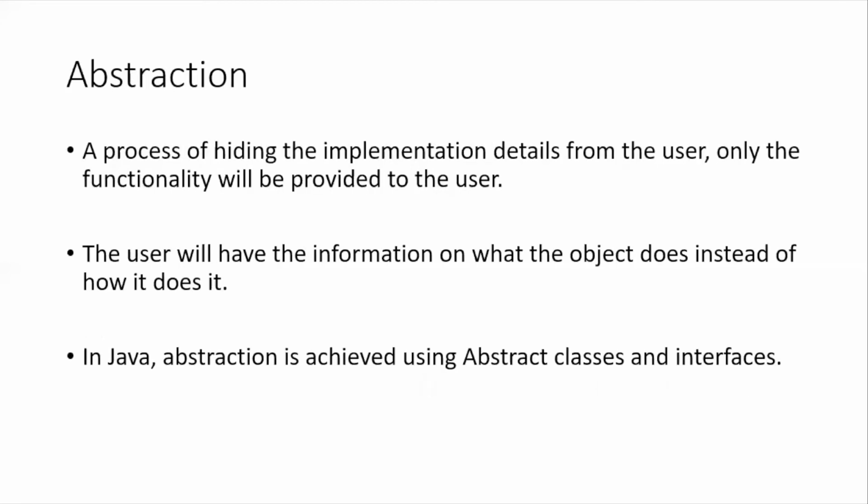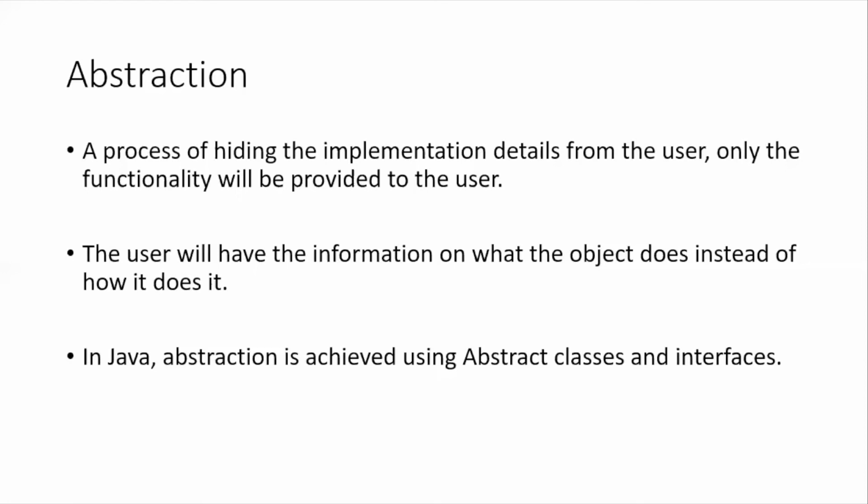Next is abstraction. What is abstraction? A process of hiding the implementation details from the user, and only the functionality will be provided to the user. Let's take an example of a car. Now, a car has got various parts.